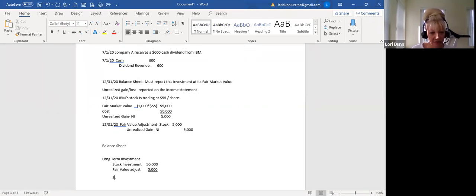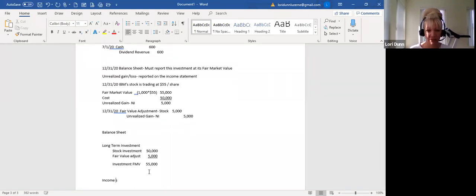Sorry about the spacing, but you guys got the idea here. So the investment at fair market value, $55,000. So that's the amount they'll add in to all their other assets. No other part of the balance sheet is affected.